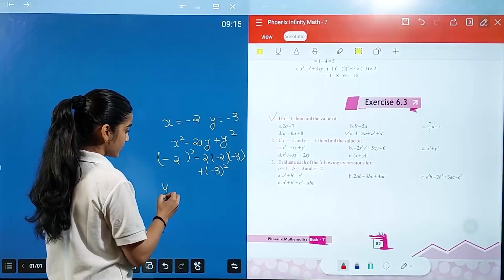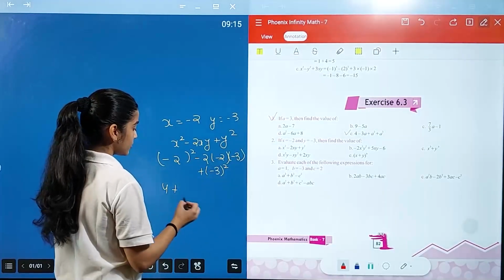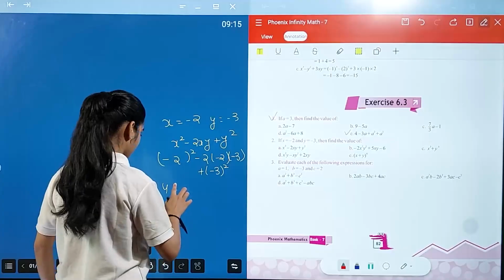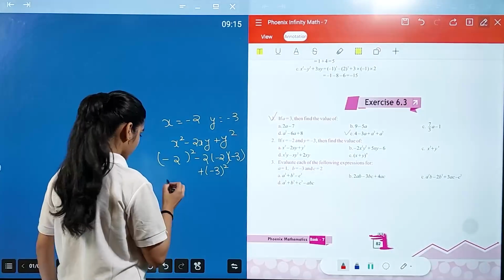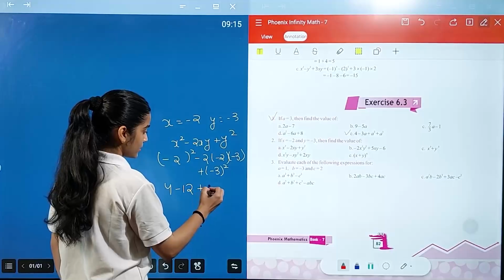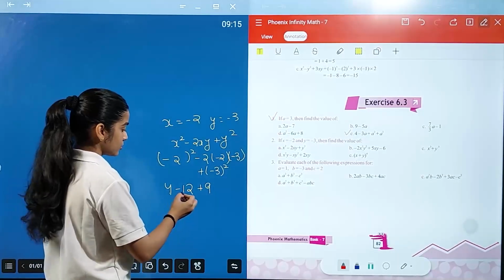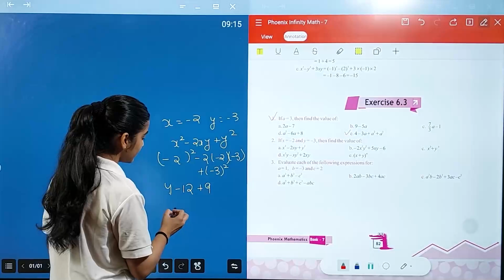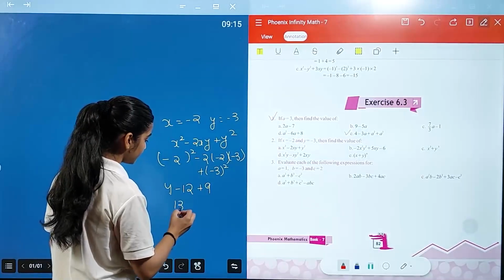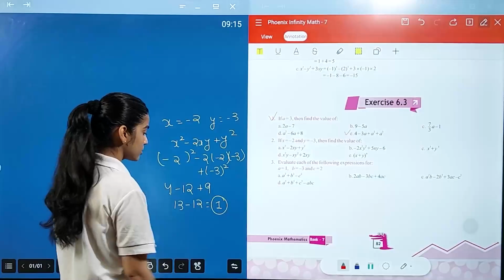Minus 2 square is plus 4. 2 threes are 6, 6 multiplied by 2 is 12. 4 minus 12 plus 9. 4 plus 9 is 13 and minus 12 is equal to 1. So this is your answer.